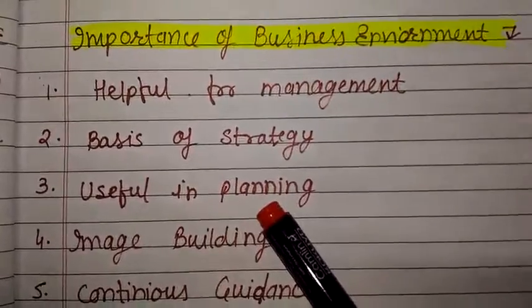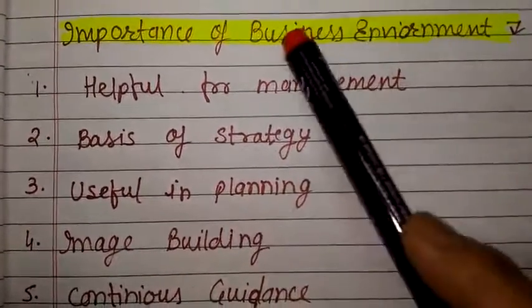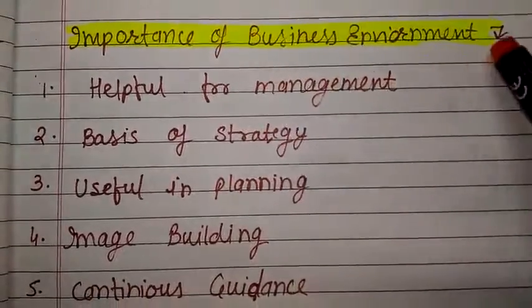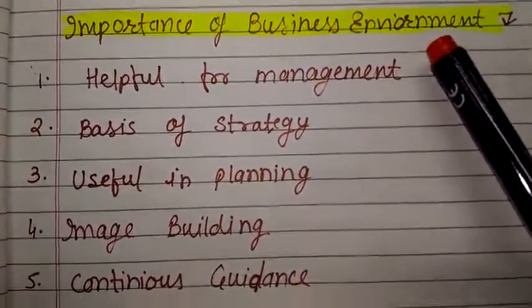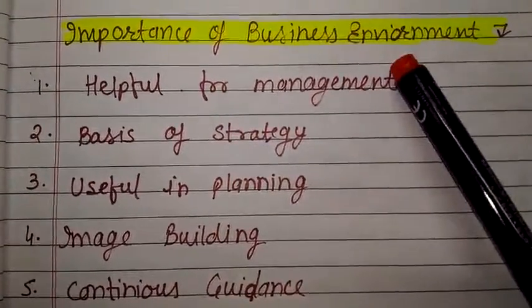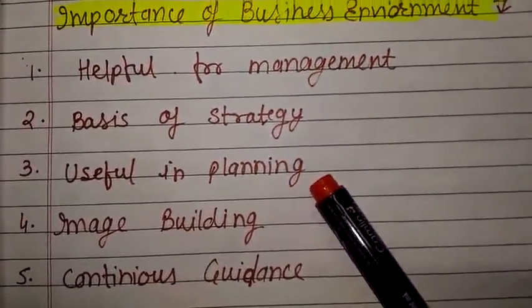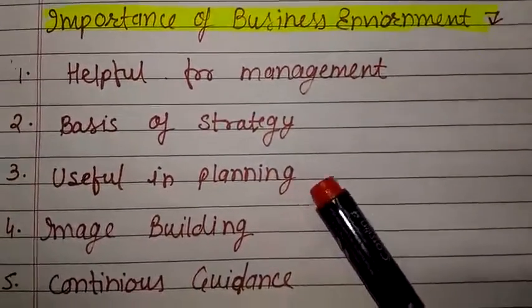Whenever a plan related to business is made, it is also taken into mind which environmental conditions exist, or which conditions the business has to face. So this study of business environment is useful in making plans related to business.